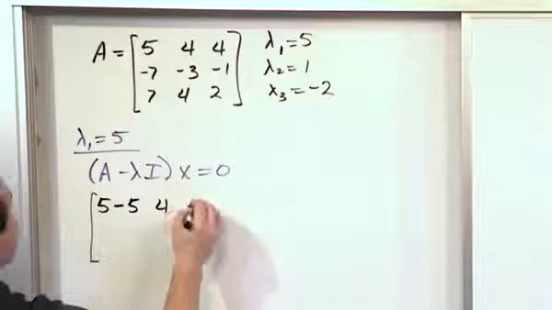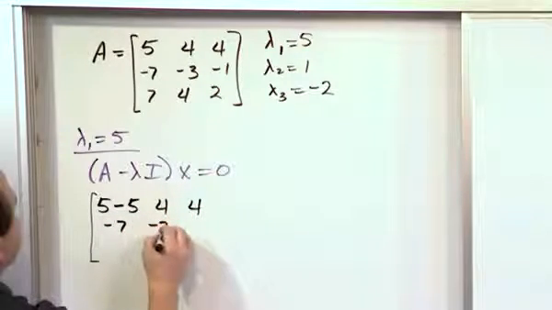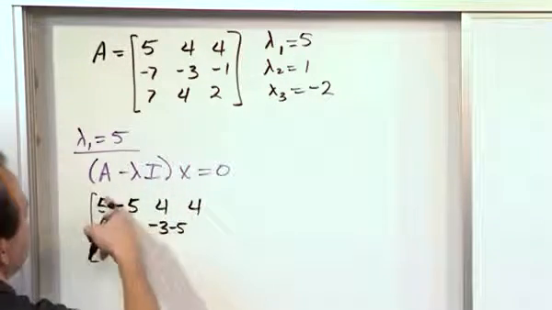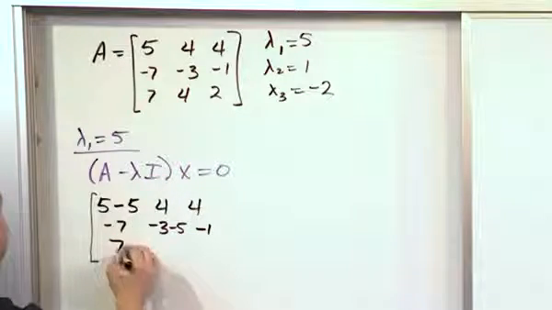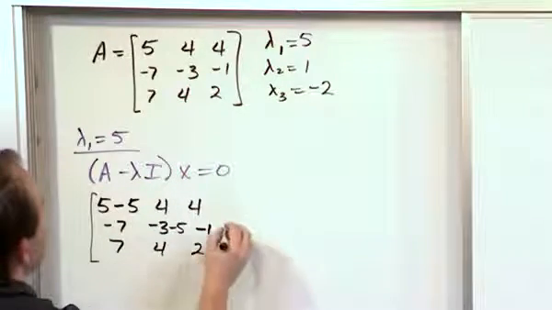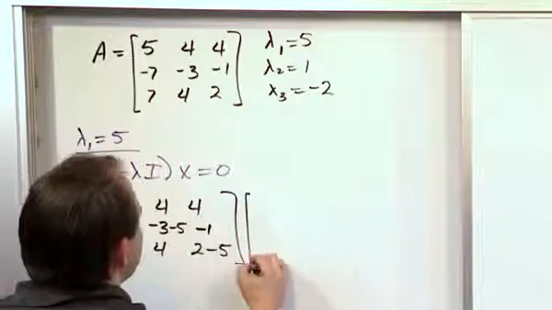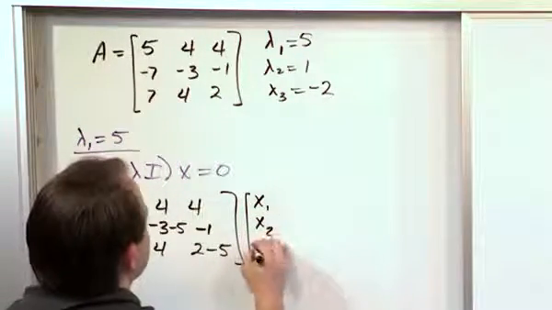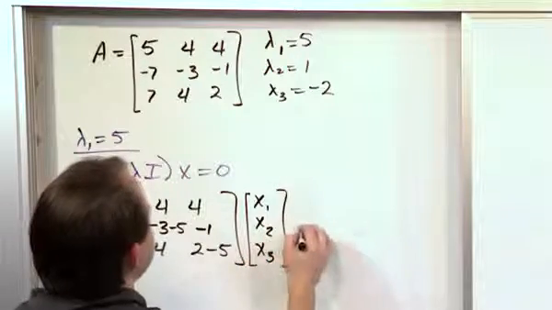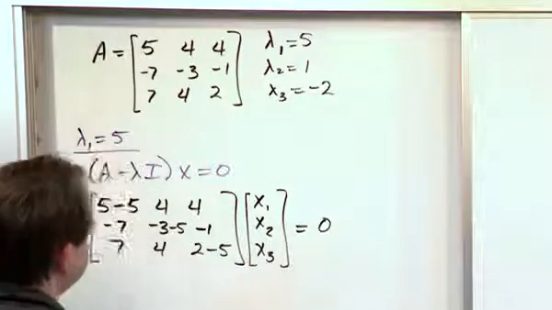Then we have 4, 4, -7, -3 minus 5, because we have to do it here too, and then -1, and then 7, 4, 2 minus 5. So all along the diagonal you subtract your eigenvalue, and then over here you'll have your eigenvector, and then you're setting the whole thing equal to 0.